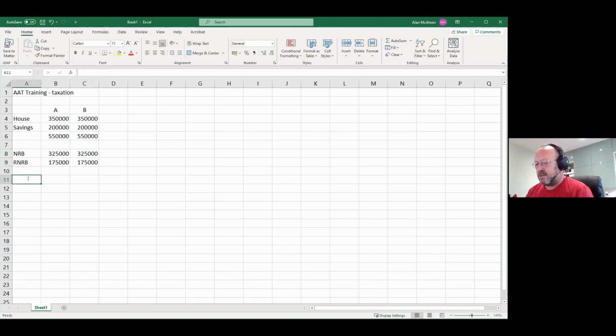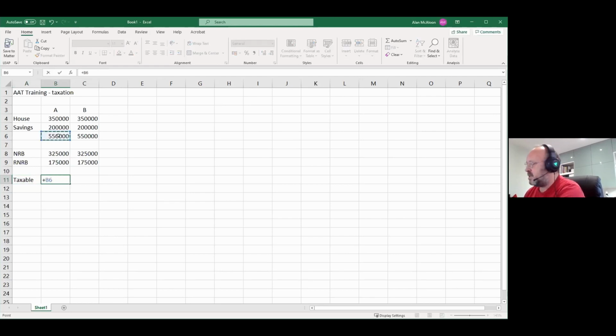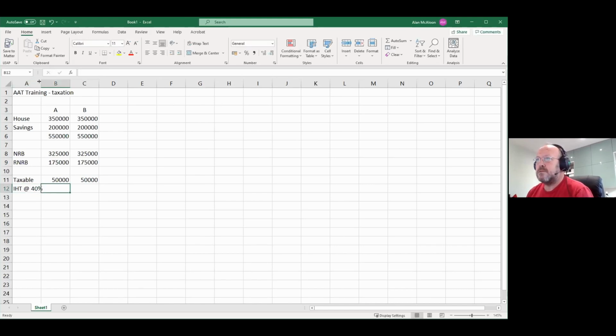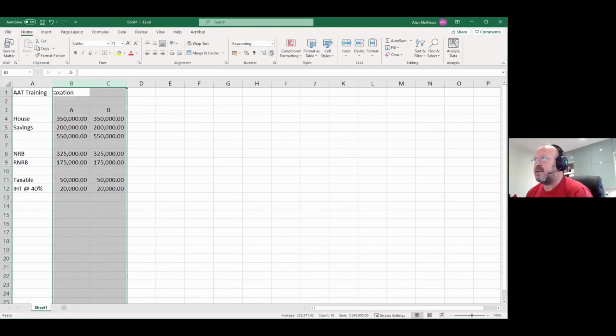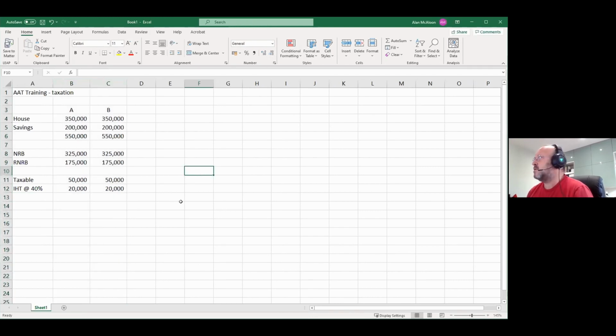So their taxable estate is the total of their estate less the nil rate band less the residence nil rate band, and then IHT at 40%. That times 0.4 plus that times 0.4. So that's their taxation when they die. Simple enough. Hopefully everyone understands that basic concept.